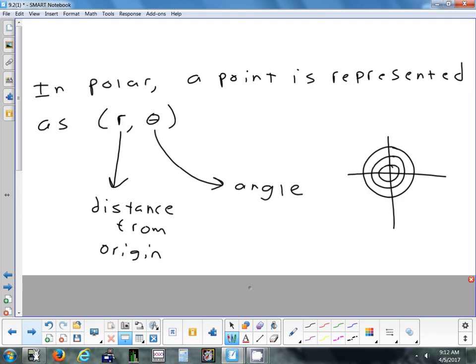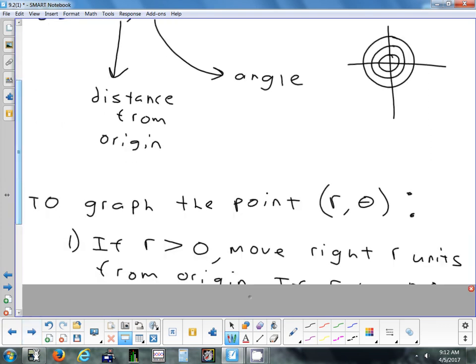What are those called? Revolutions. And what would be the two ways you could move on a revolution? Clockwise and counterclockwise. So r is going to tell you left or right. Theta is going to tell you clockwise or counterclockwise from the point you moved from r. It all depends if things are positive or negative.